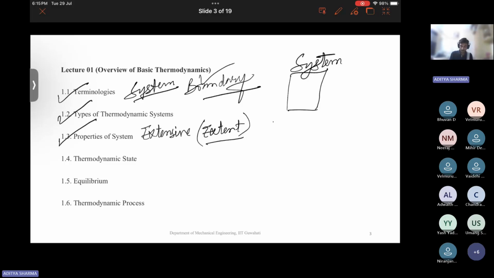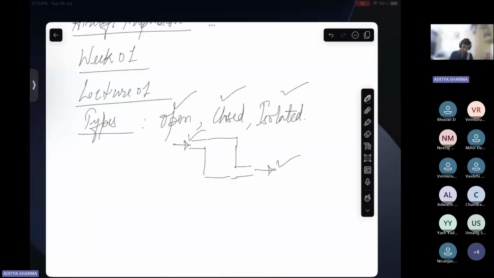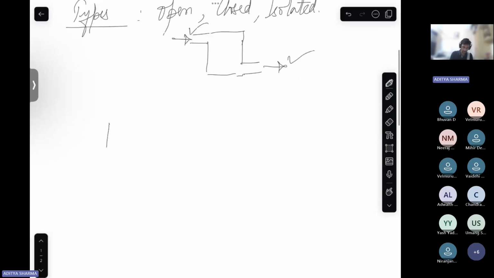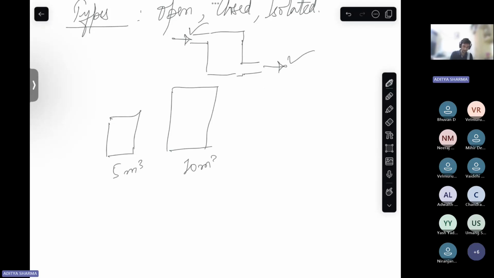But then there are intensive properties also, which do not depend on your extent, right? So let's say we take a container of 5 meter cube, then we take another container of 10 meter cube, and we define some temperature for these, T1 and T2.